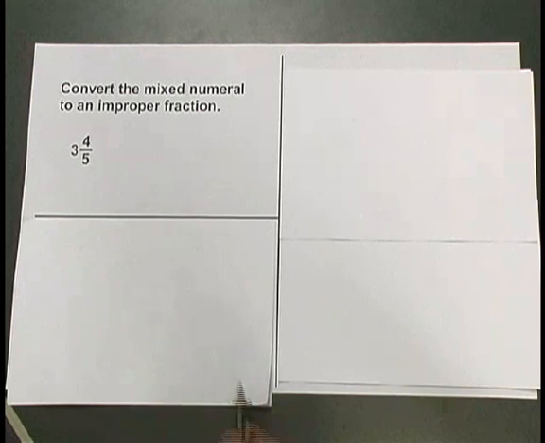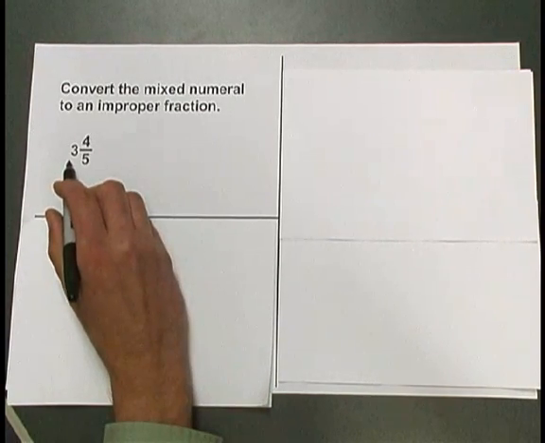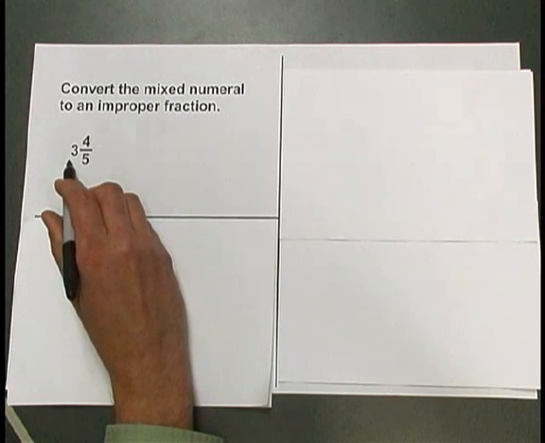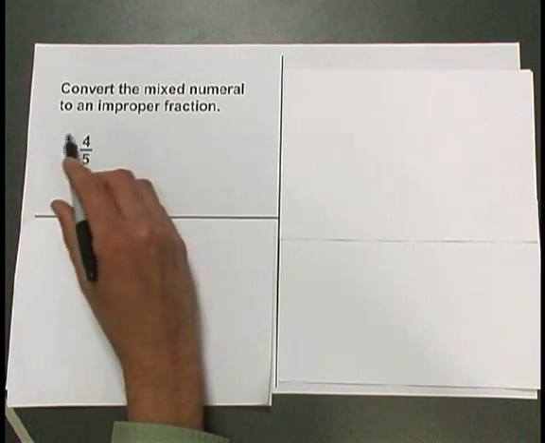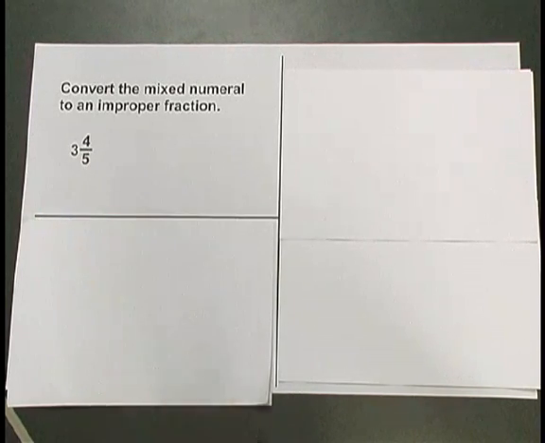3 4/5 is called a mixed numeral because it has a whole number part, 3, mixed together with a fractional part, the 4/5. We want to convert this entire number to a single fraction.